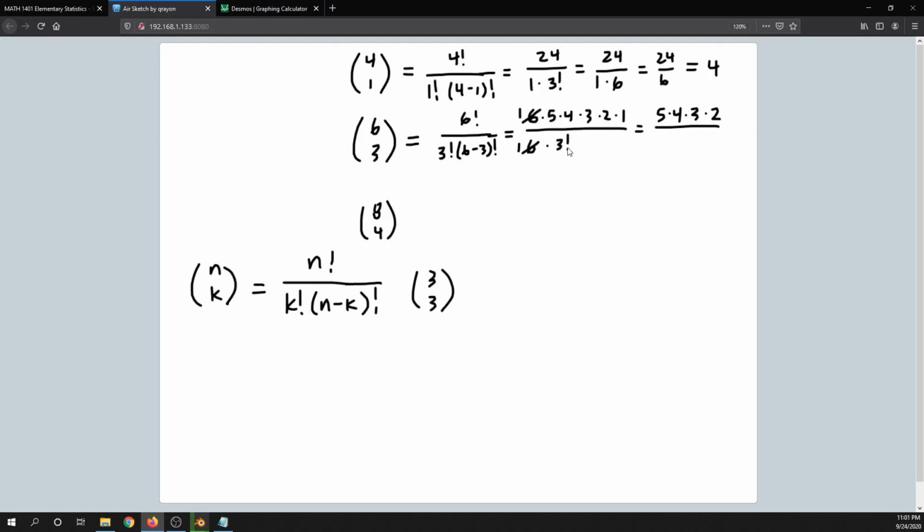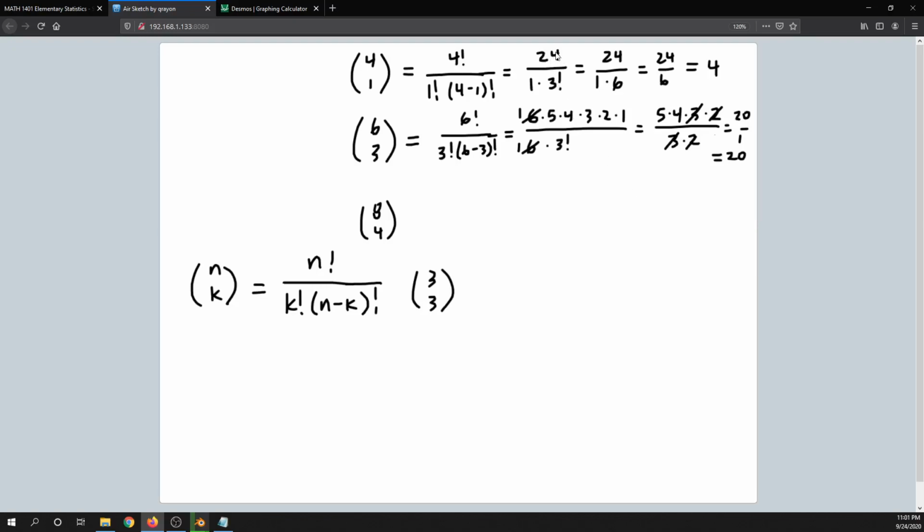And down here in the bottom, I have 3 factorial, which is 3 times 2, and again times 1, which really is not going to affect anything, so I am not going to write it. And then I can see I have a couple of other common factors: this 3 cancels with this 3, this 2 cancels with that 2. So I'm left with 20 on top and a 1 on the bottom, so this comes out to be 20.